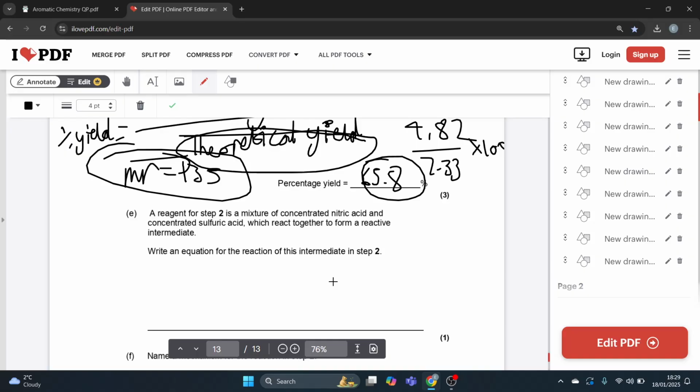Part E, write the equation for the reaction as intermediate in step 2. A mixture of concentrated nitric acid and concentrated sulfuric acid reacts to form a reactive intermediate.